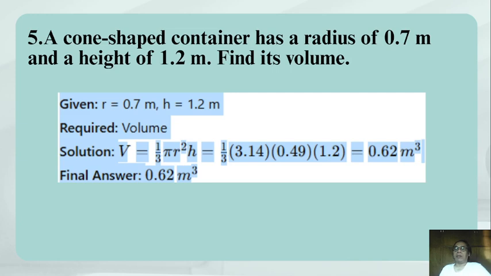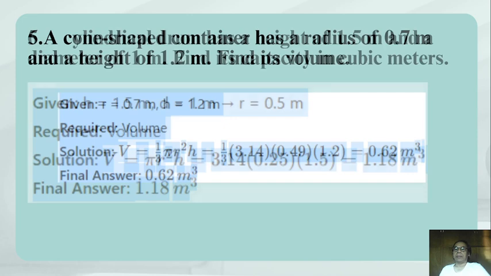Required: volume. So the formula for volume, V equals 1/3 pi r squared times height. That is for the cone. Substitute now the given data and the final answer is 0.62 cubic meter.